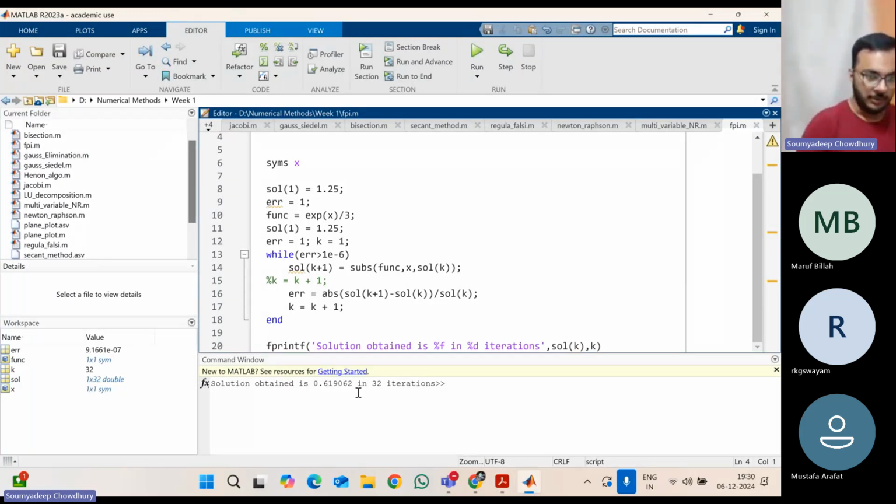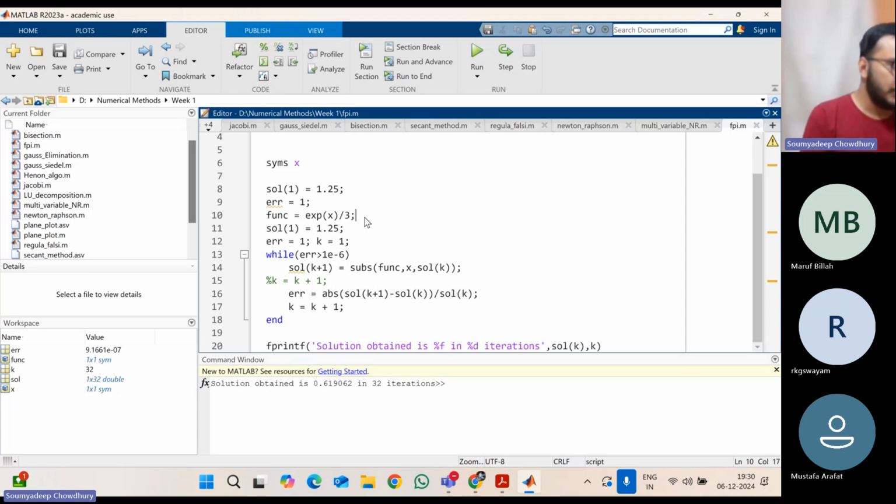What about the other solution? So this is what I was telling: this method will give you any one solution at a time. So now what can I change? The function which we wrote as our original equation was x minus e power x by 3, which we changed into the form x equals e power x by 3. That was my first option.